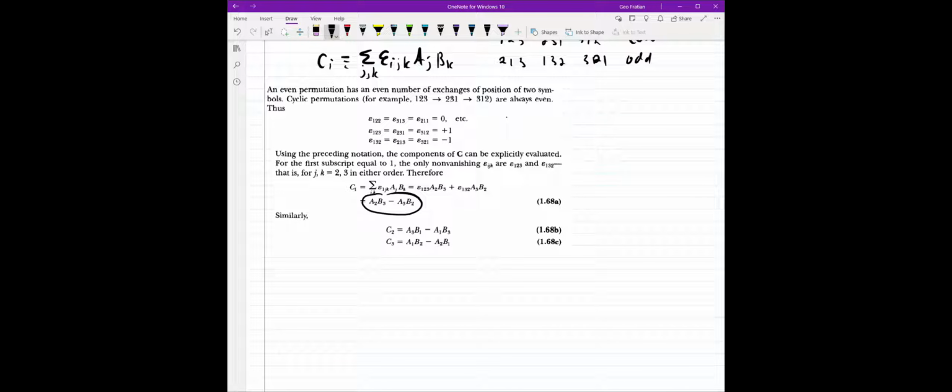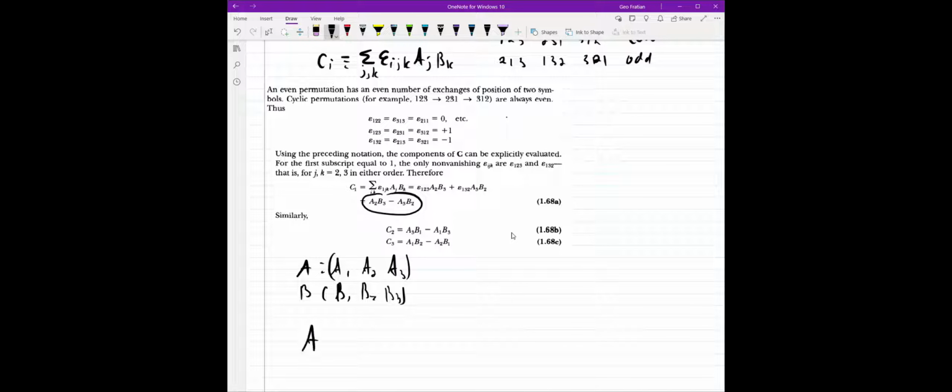Now, I wonder if they show you the easier way of doing the cross product. They don't. I'm going to show you it because it's much smarter. Let's say I have two vectors, A: A1, A2, A3, and B: B1, B2, B3.